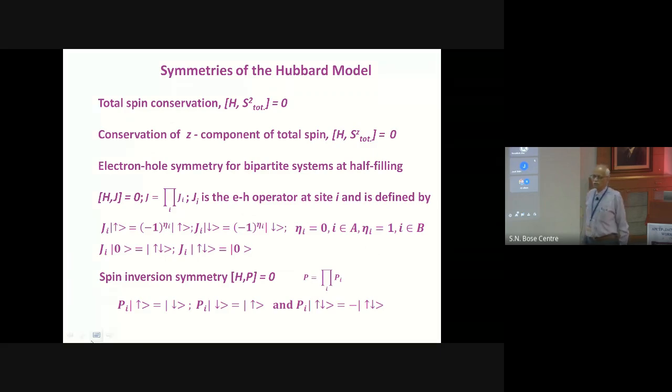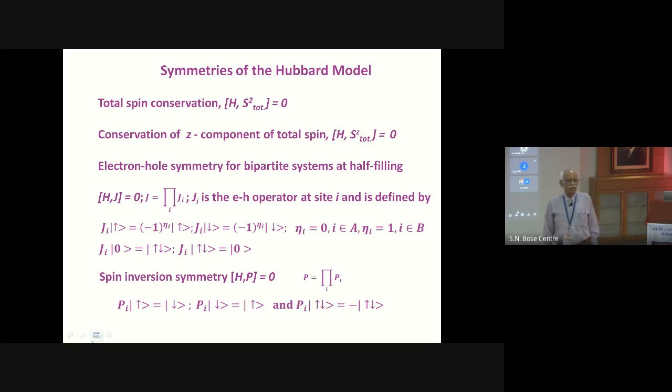And most of the Hamiltonians, particularly the Hubbard model and also the isotropic spin-half model, where you don't have any anisotropic interactions or any relativistic interactions, conserve total spin, which means [H, S squared] is 0. And of course, if it conserves total spin, it also conserves the z component of total spin. And in bipartite systems, you have electron hole symmetry at half filling.